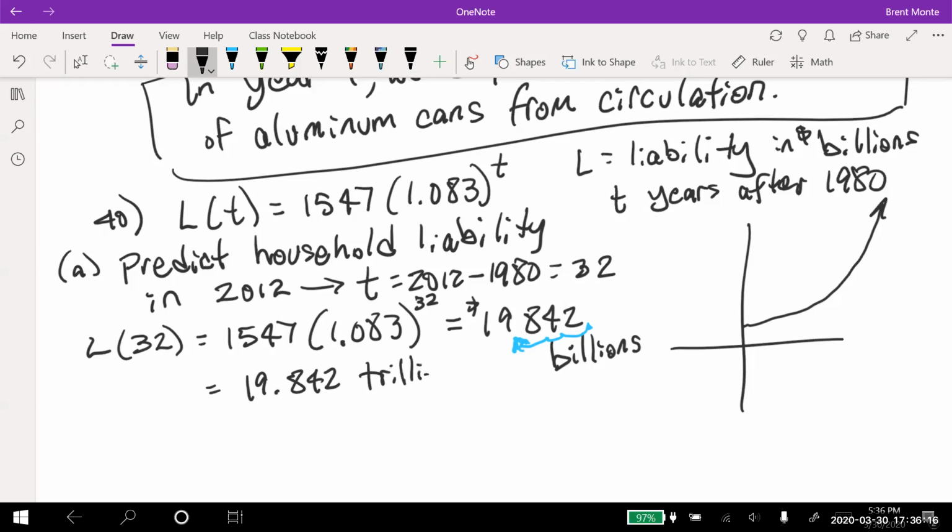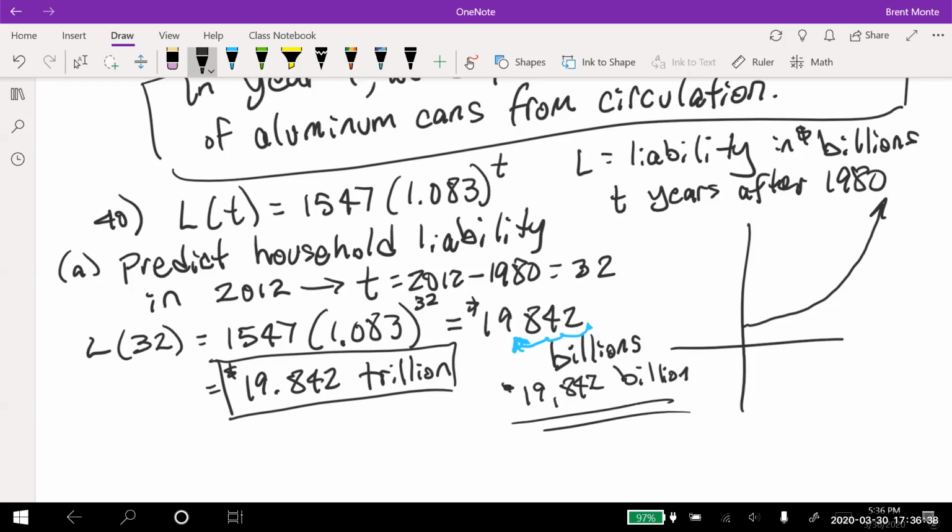Now, if you said 19,842 billion, you're right. That's the same thing. Same number. But almost $20 trillion.